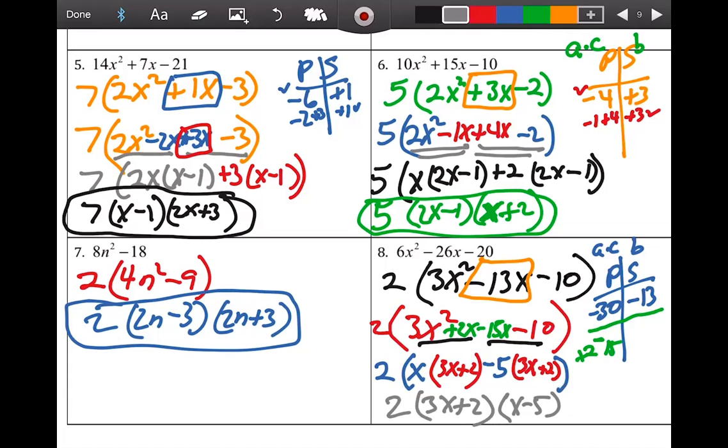Okay. Looking good. Questions on this one? I honestly did it the other way, where instead of grouping 3x squared plus 2x, I did 3x squared minus 15x. That just means that you had the 3x as your GCF, and then you had your plus 2 as your second GCF.